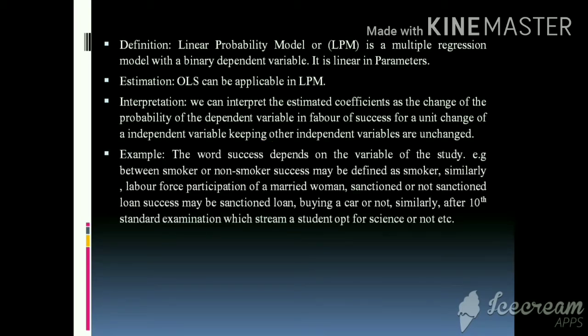Now, what do we mean by success? Success depends on the variable of the study. For example, when our dependent variable consists of smoker or non-smoker, then success may be defined as smoker. Similarly, whether a married woman is participating in the labor force or not, success is that the married woman is participating. Similarly, for a sanctioned or not sanctioned loan, success may be defined as the sanctioned loan.